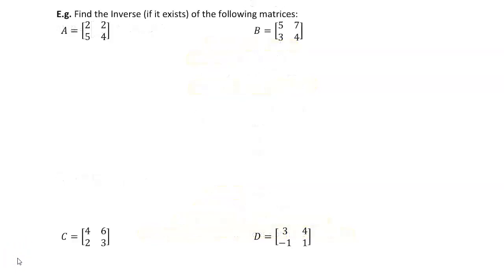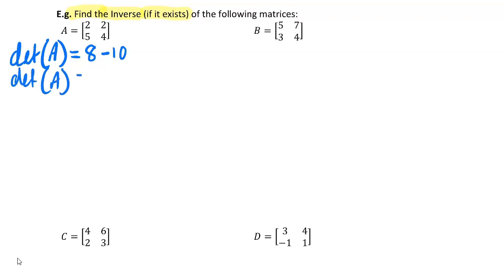So let's look at the following matrices and we find the inverse if it exists. So first off, matrix A, the first thing we're going to do is find that determinant of A. Okay, so I look at my diagonals. So that's 2 times 4, so that's 8, take away 2 times 5, so that's 10. So my determinant of A is equal to negative 2. Okay, so yes, there is an inverse.